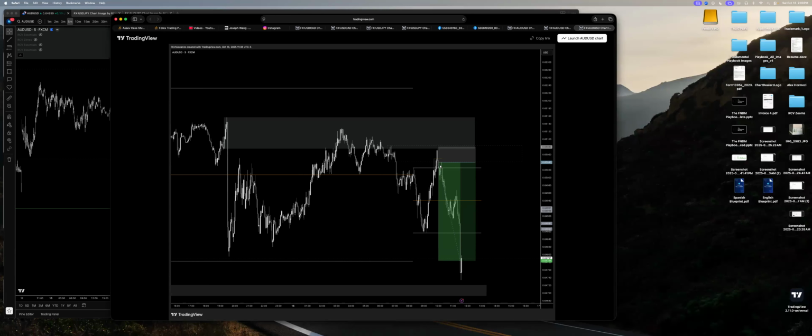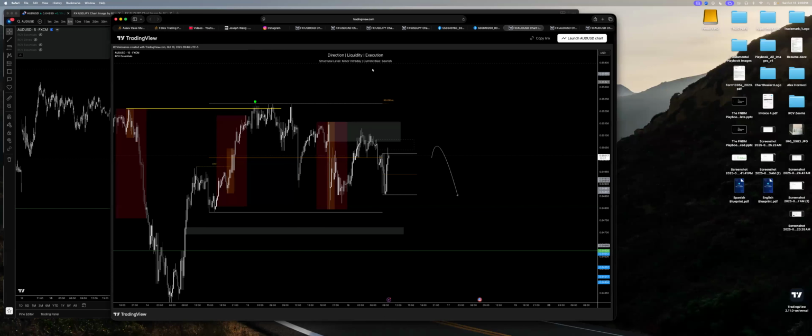But this execution is less relevant if we don't have the bias. That's why we use the framework: direction, liquidity, execution. What's the direction? Down because of X and X and X. Where's the liquidity? Liquidity because of X and X and X. And then the execution because of X and X and X.